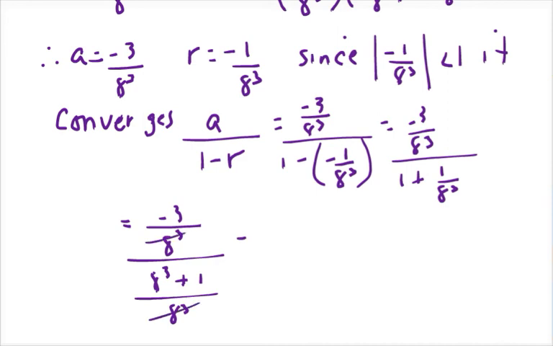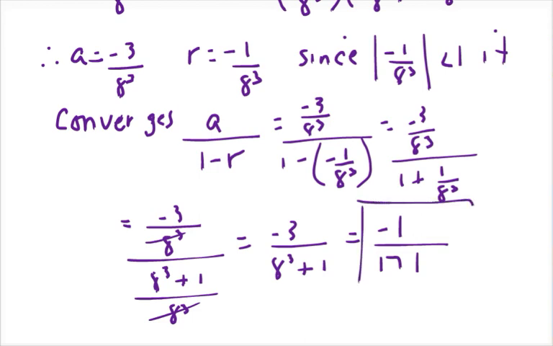So those terms cancel out, and you're left with minus 3 over 8 to the third plus 1, which is equal to minus 1 over 171. Okay, so that series converges, and it converges to negative 1 over 171.